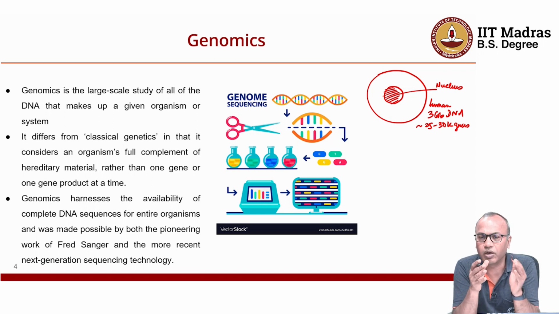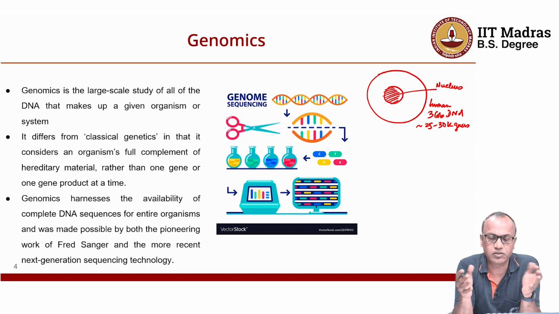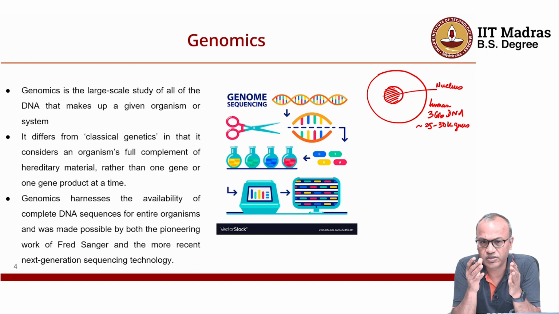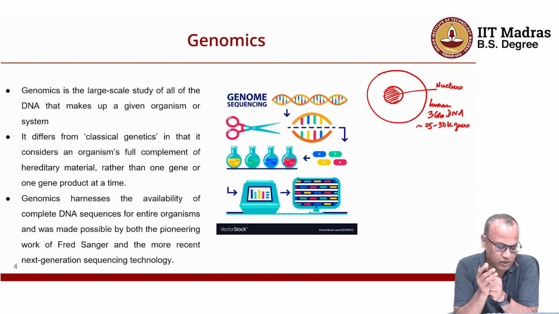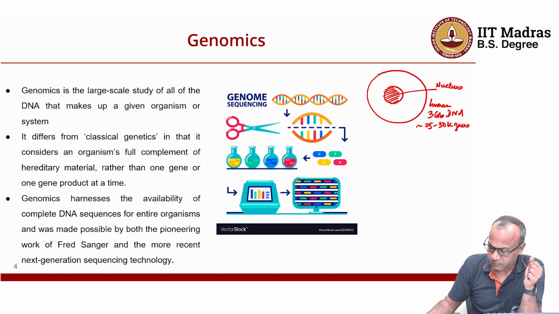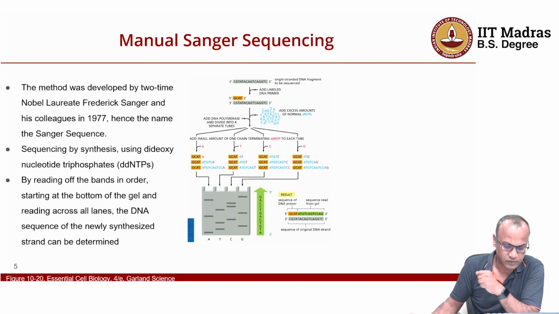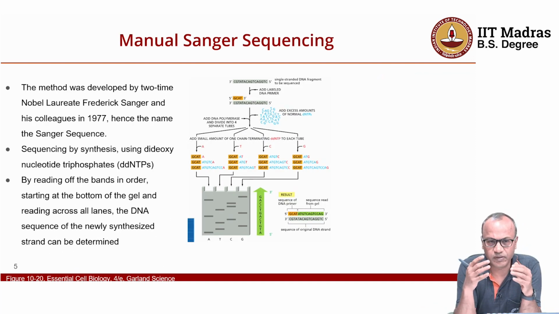Majority of the genes will not be different between, let's say, siblings or any two individual human beings, but whatever differences do exist bring about all the differences that we see physically in individuals of a population. So genomics essentially gives you a complete picture of the genetic makeup of an organism or of an individual in a population.